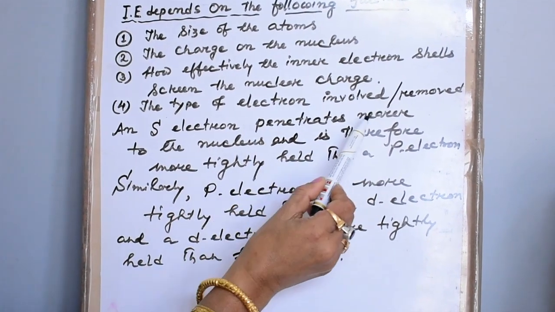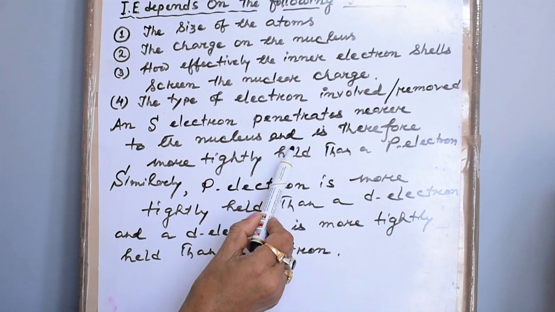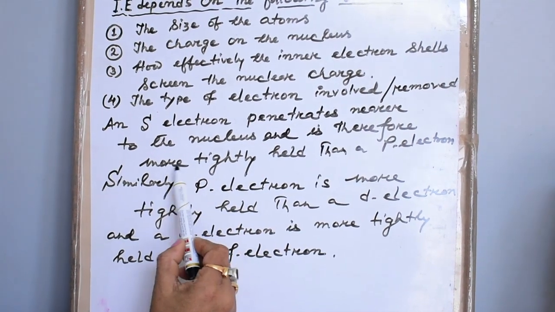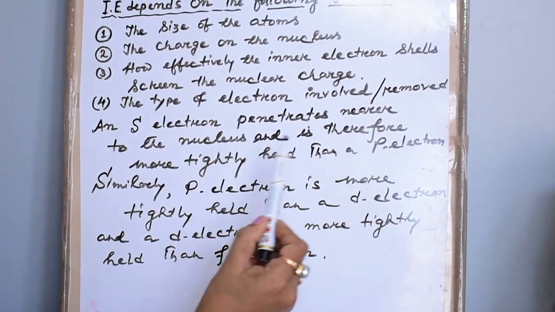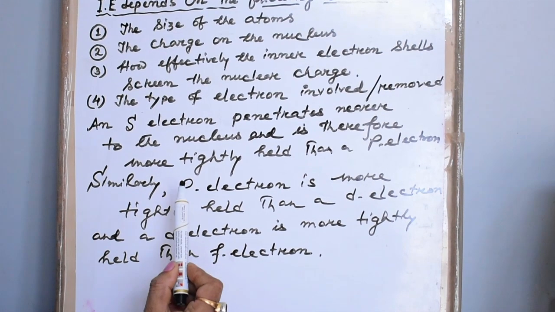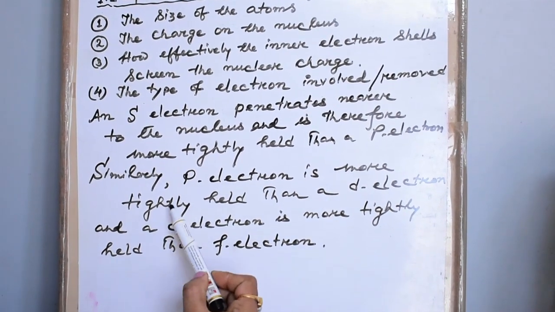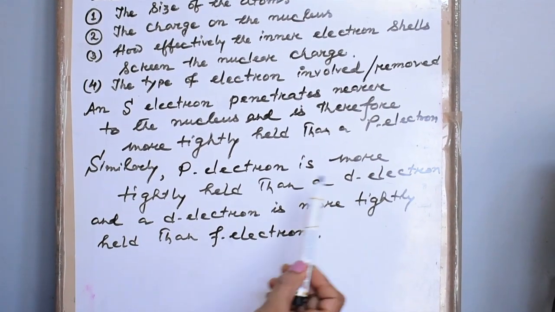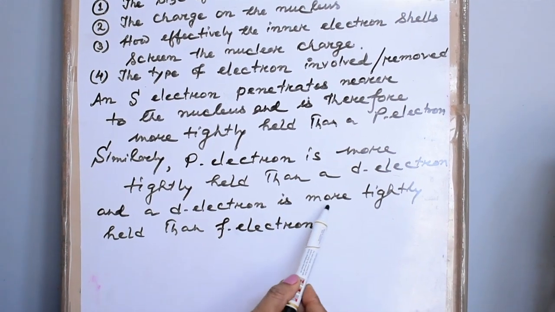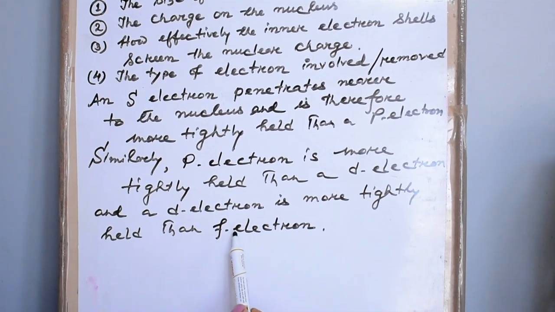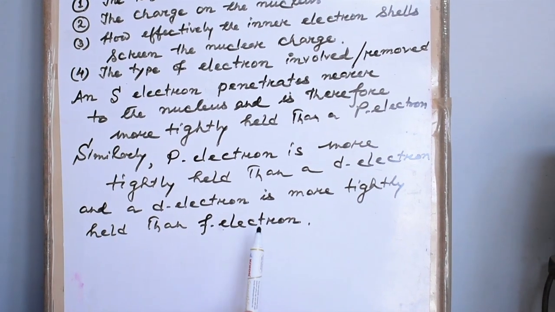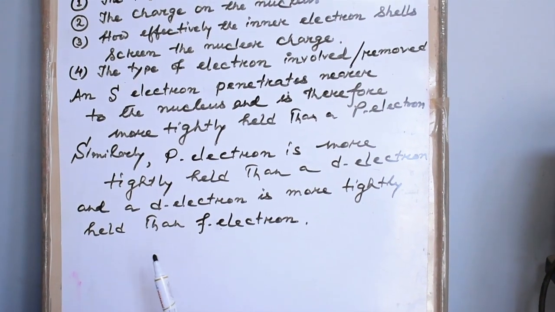An s electron penetrates nearer to the nucleus and is therefore more tightly held than a p electron. For similar reasons, a p electron is more tightly held than a d electron, and a d electron is more tightly held than an f electron.